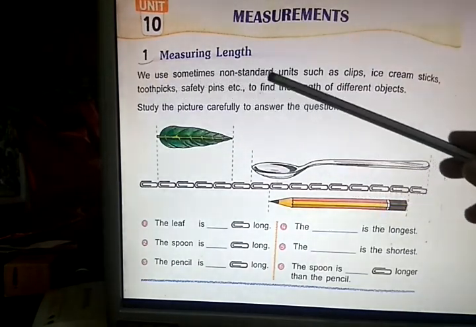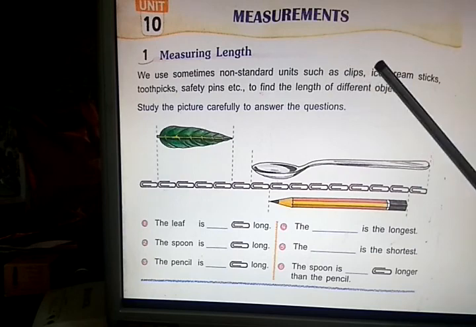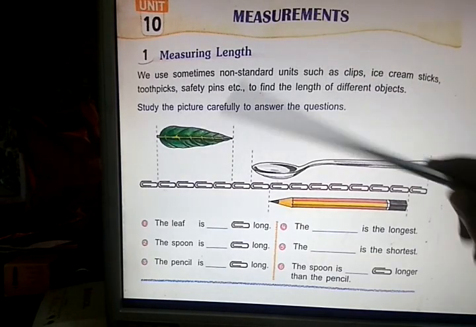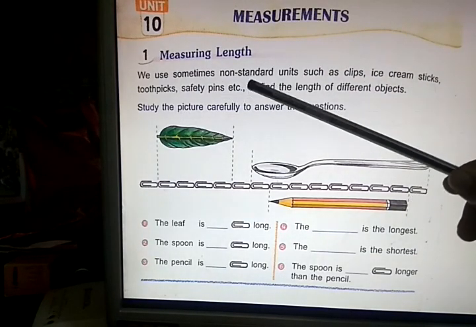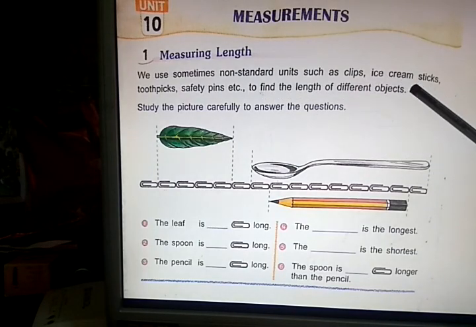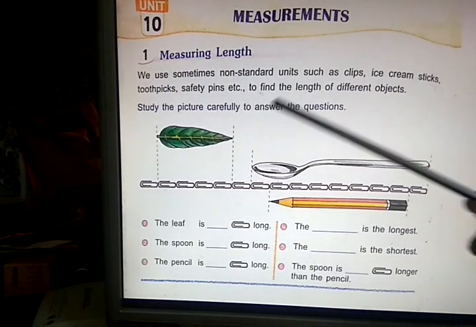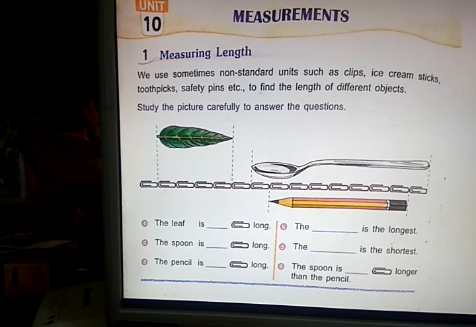We sometimes use non-standard units such as clips, ice cream sticks, toothpicks, safety pins, etc. to find the length of different objects. Study the picture carefully to answer the questions. Find out the length of the leaf, spoon and pencil using U-pins.